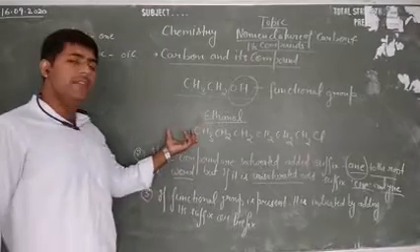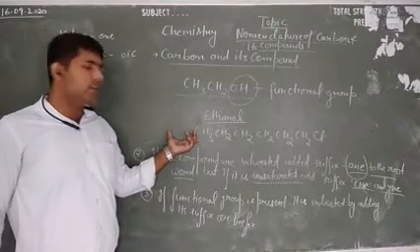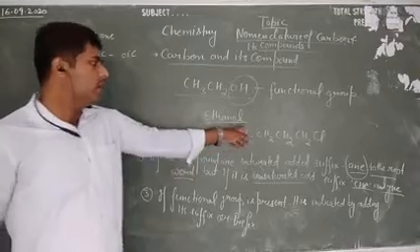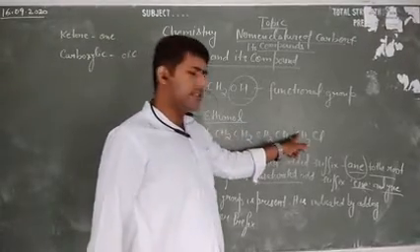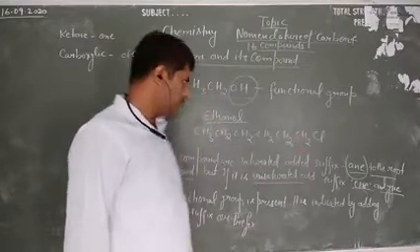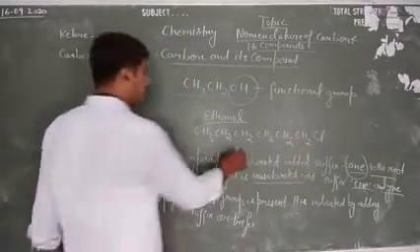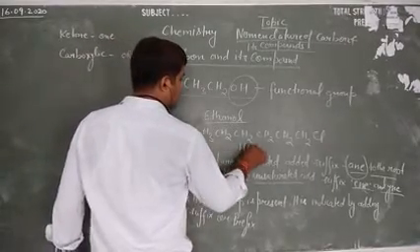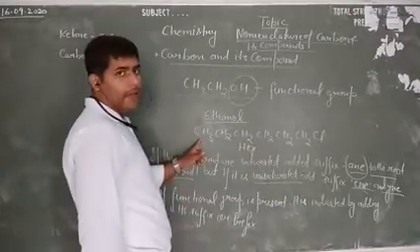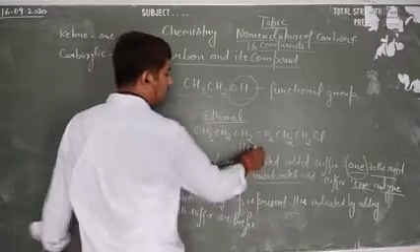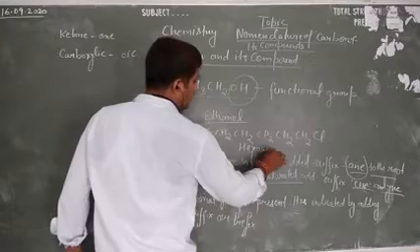What is the name of the given compound? First we count the number of carbon atoms: 1, 2, 3, 4, 5, 6. How many carbon atoms? 6. When 6 carbon atoms are present, what is the root word? Hex. Having a single bond, it is hexane.